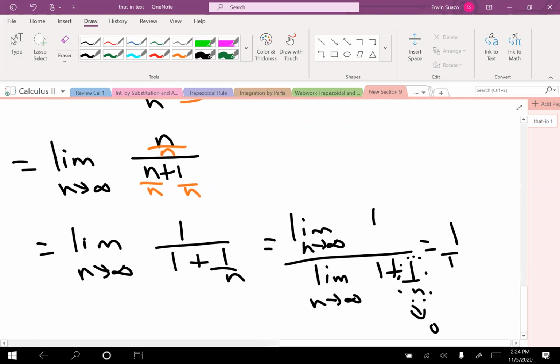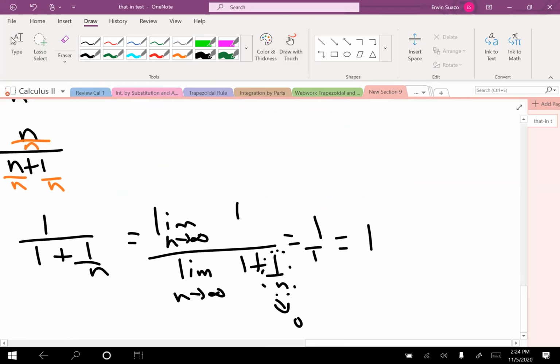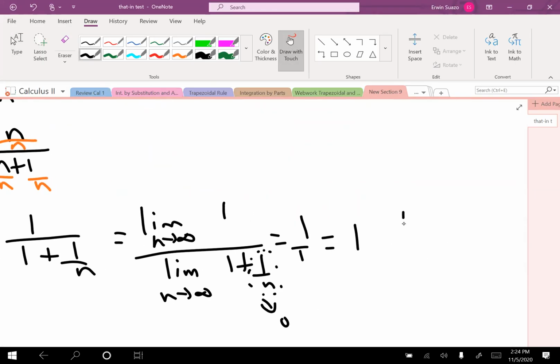So this is 1. So what did the ratio test say when the limit equals 1? That would be divergent. No. The ratio test does not decide. The ratio test cannot decide.